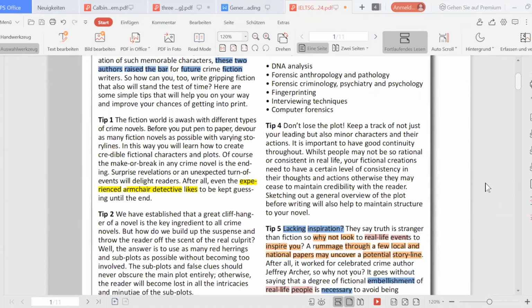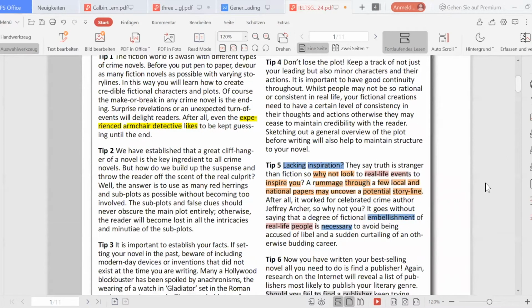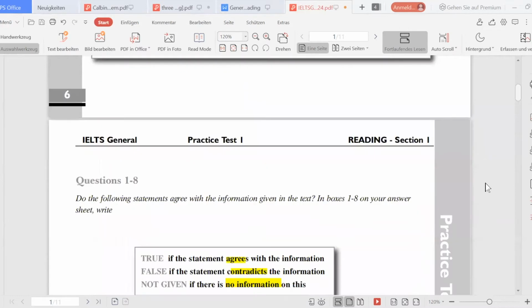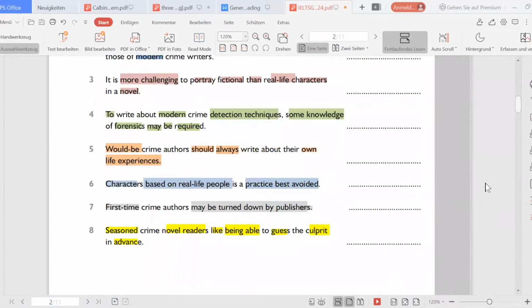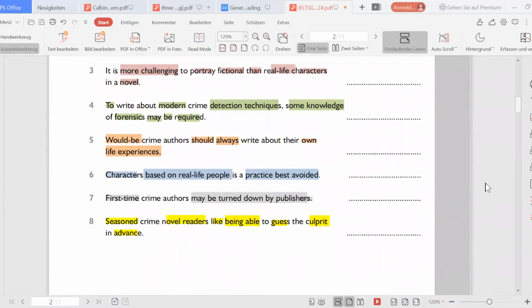The sentence with this keyword says, after all, even the experienced armchair detective likes to be kept guessing until the end. This statement in the text turned the complete statement in the question on its head. So obviously you can guess the answer right now: the statement is false.